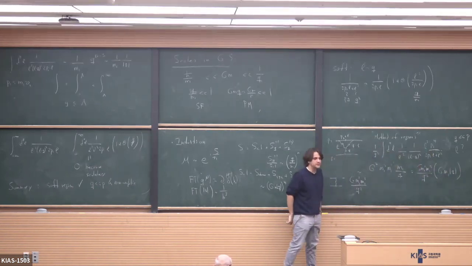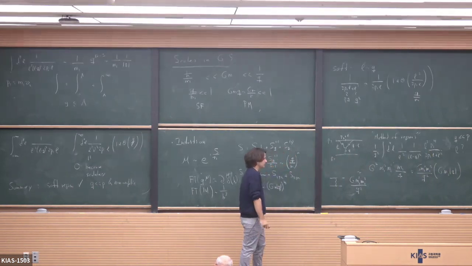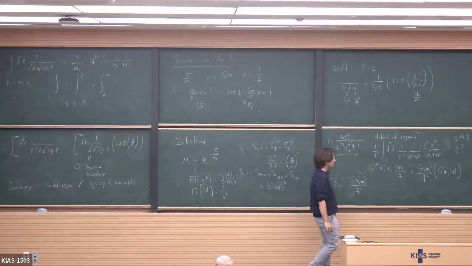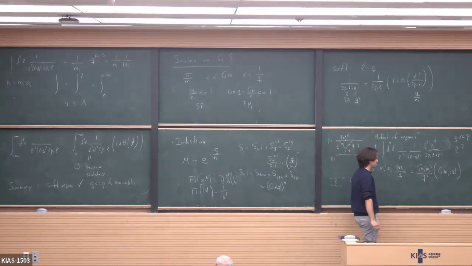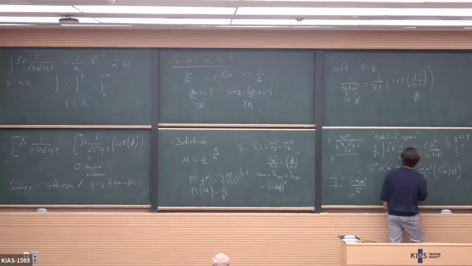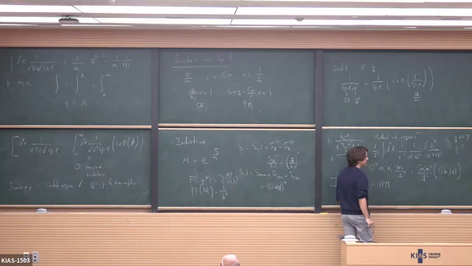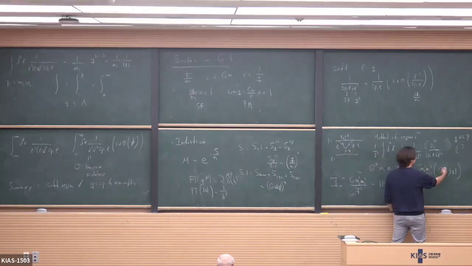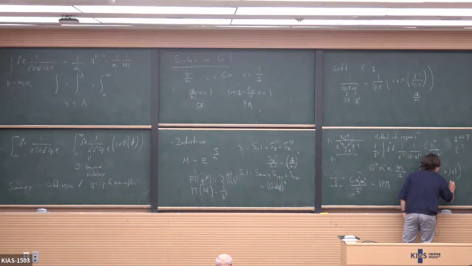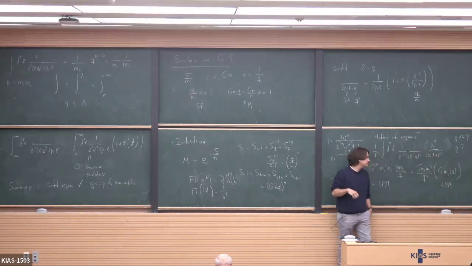So this is a post-Minkowskian correction. This is what's called 1 PM, which is just the leading order, and all the relative orders will be higher powers of this.